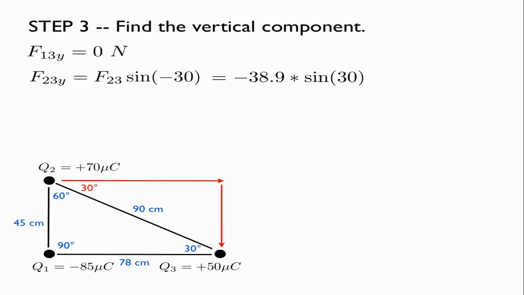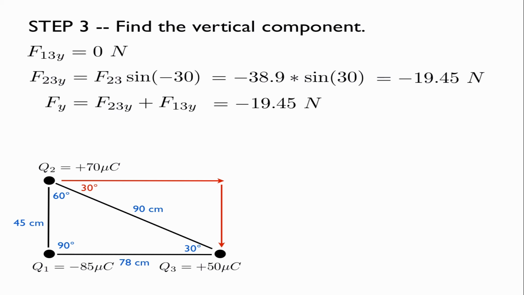So we can take out the minus sign, and we just have 38.9, which is the magnitude between charges 2 and 3, times sine of 30. This gives negative 19.45 newtons. The total y component is equal to the sum of these components, which is just negative 19.45.